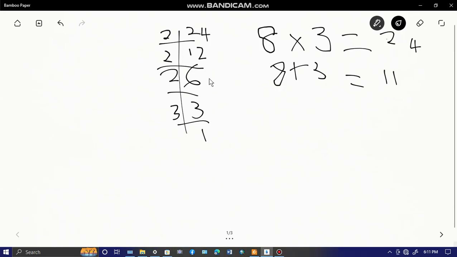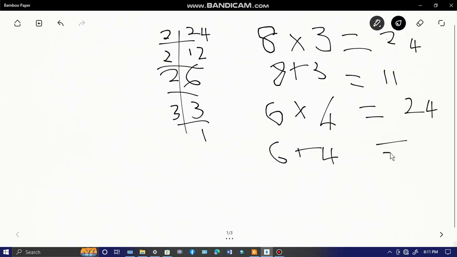Now let's try 3 times 2. That one will give us 6. And then 2 times 2 will give us 4. So now let's try 6 times 4. If you multiply, it will give you 24. And then 6 plus 4, the addition gives us 10.